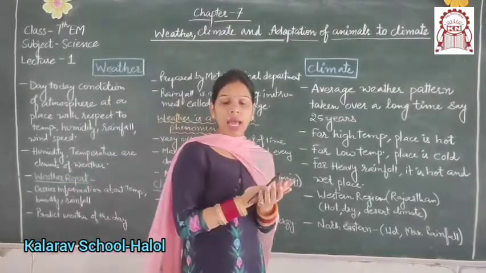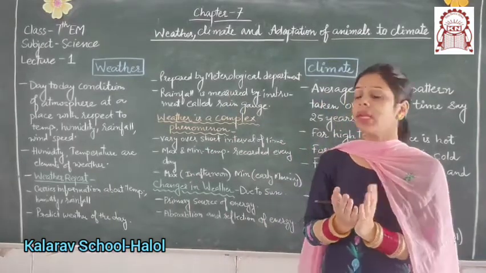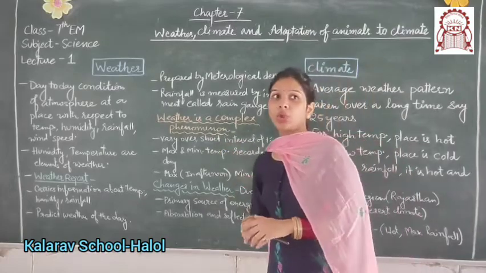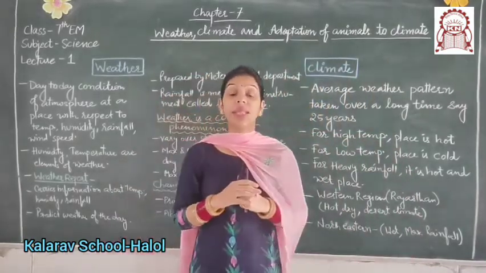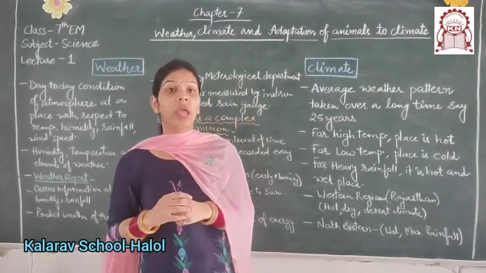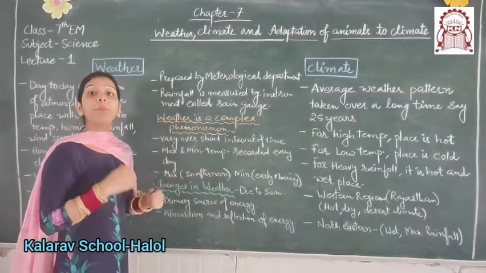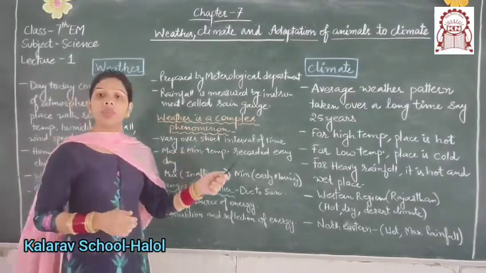We can also say that weather is a complex phenomenon. How is weather a complex phenomenon? Complex means very hard to understand. Yes, weather is very hard to understand. Weather is a complex phenomenon because it can vary over a short interval of time.